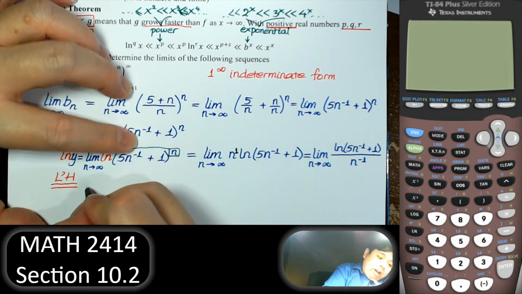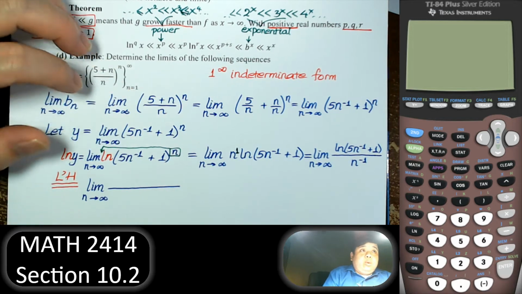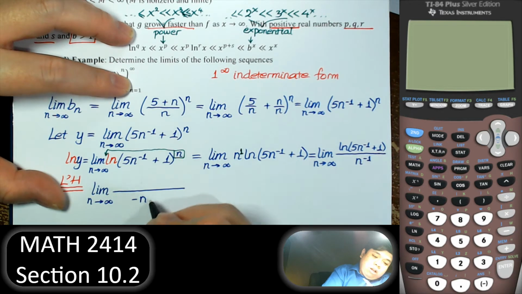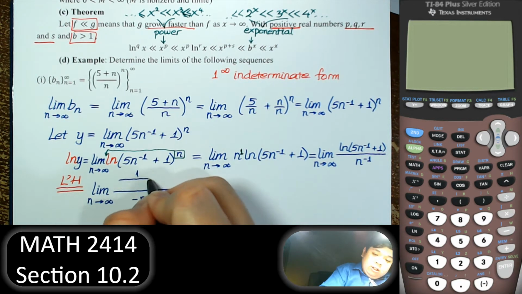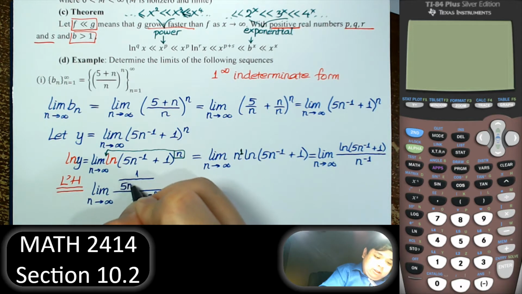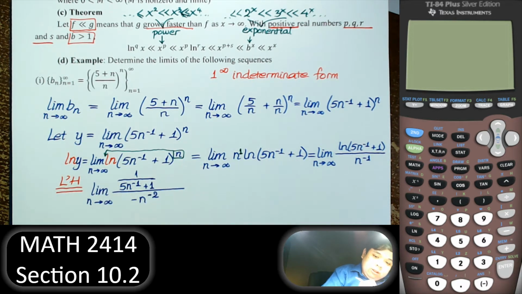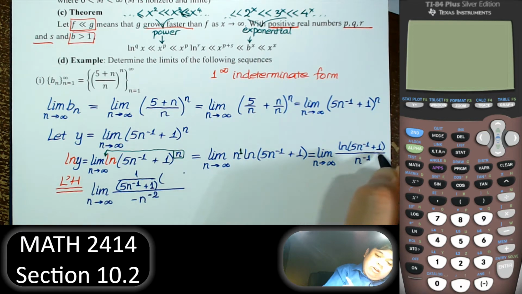L'Hopital's rule involves taking the derivative of the top and the derivative of the bottom. The derivative of the bottom is negative n, original power minus 1, so n to negative 2. The derivative of ln is going to be the reciprocal function. And then the chain rule says we have to take the derivative of what's inside.